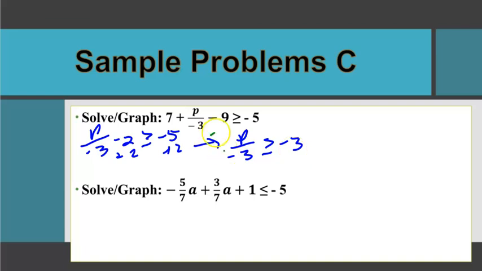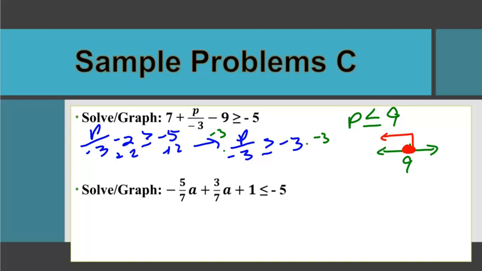Then I multiply by negative 3 on both sides. And now I have p is not greater than or equal to, it's less than or equal to because I multiplied by a negative number, and that's going to equal 9. Filled in circle at 9. Less than means going to the left.